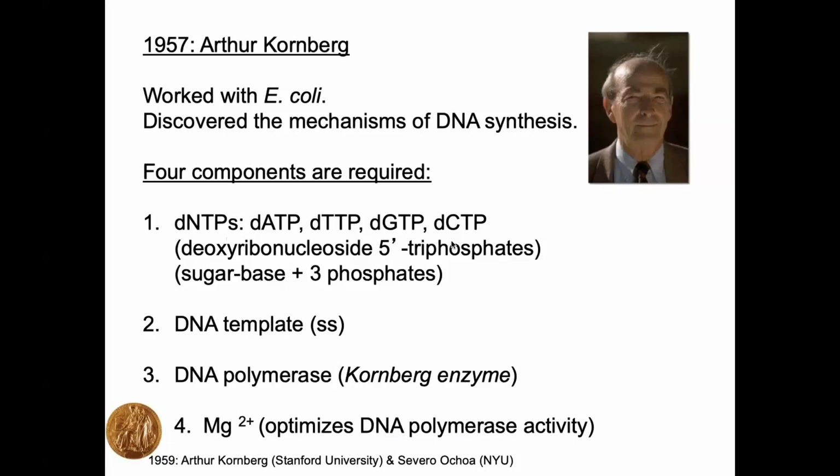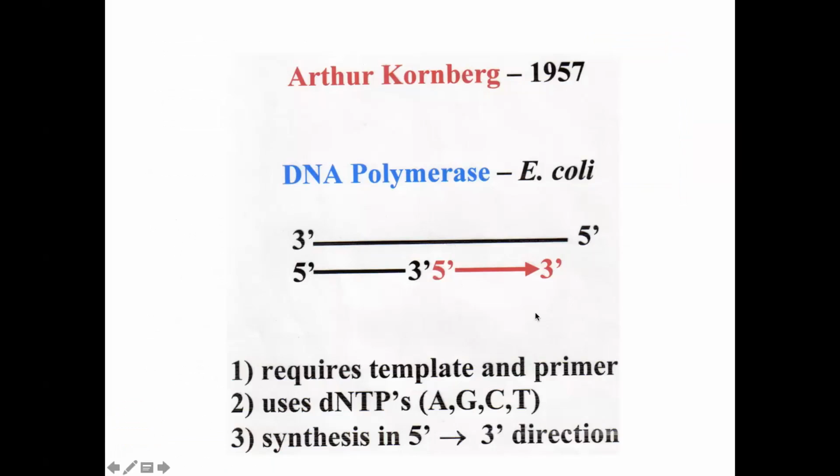In addition to these three requirements, there was another, fourth, very important requirement: a requirement for what we call a primer. So what does that mean? In other words, you could load up a test tube with a buffered solution, throw in a single-stranded molecule of DNA, throw in some DNA polymerase, the Kornberg enzyme, and throw in all four dNTPs, and nothing would happen.